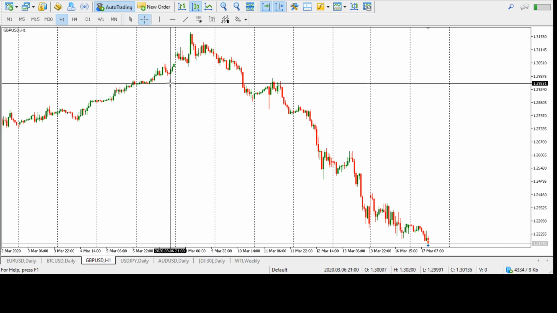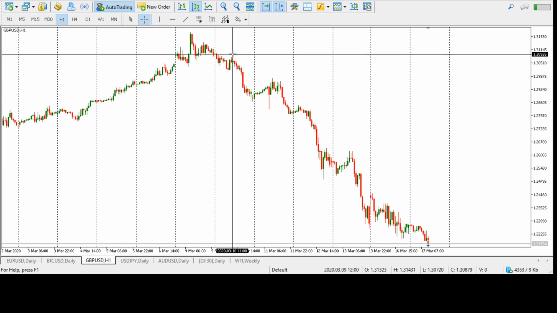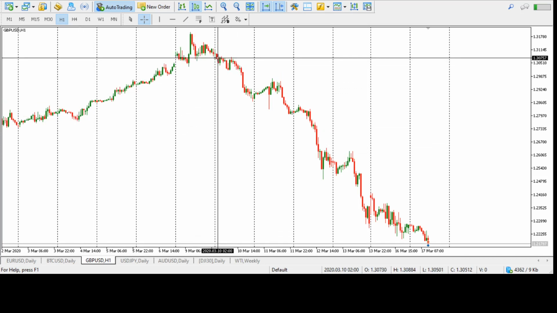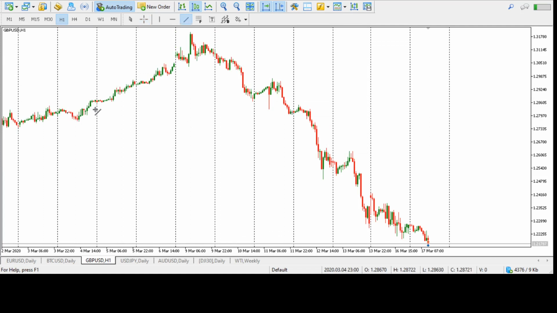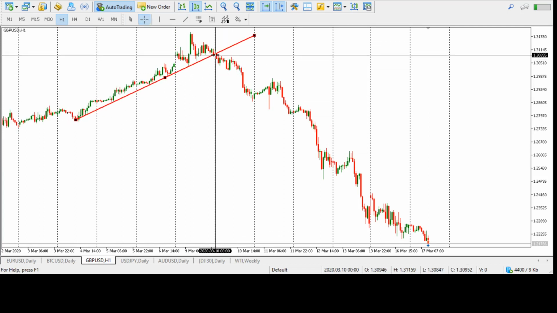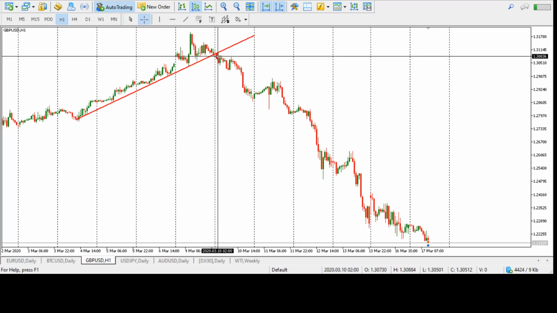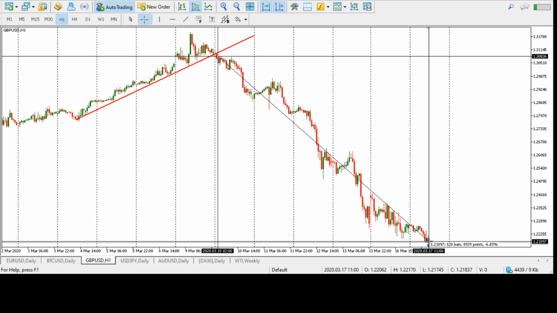So let's take a look at this chart, right? British pound versus United States dollar. You can see here that since the 10th of March, this currency pair started to move downward.